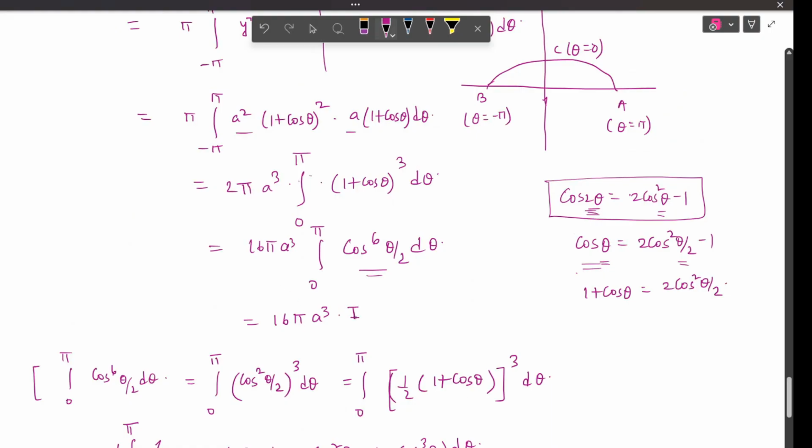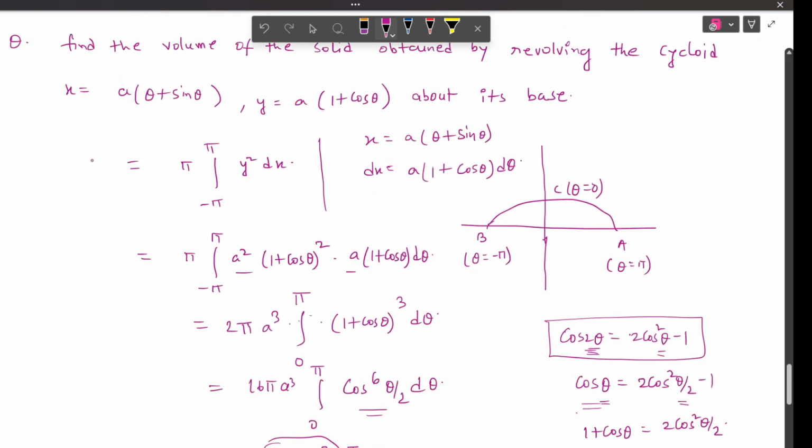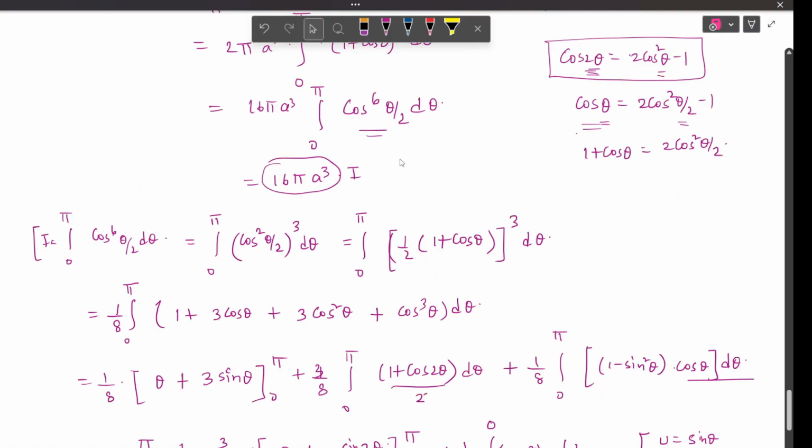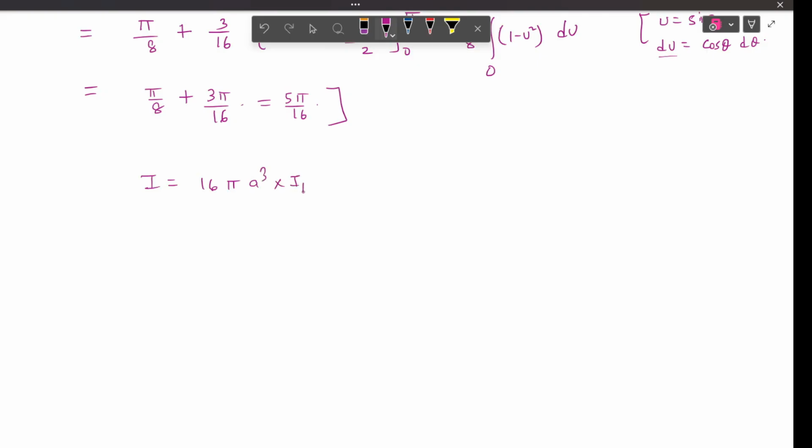Let us say this is our I. We have to multiply it by 16 pi a cube. Let us say this is our I and this is I1. So our integration is 16 pi a cube into I1.